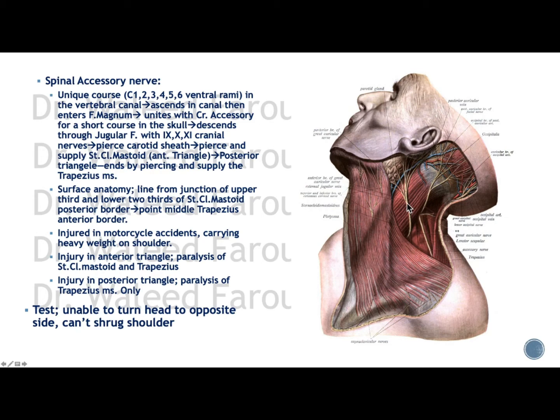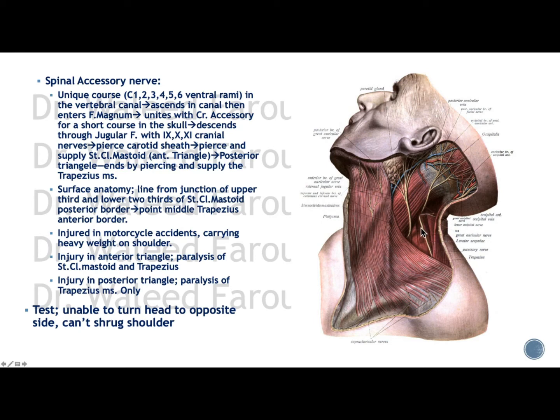When you ask him, for example, if we are talking about the left sternomastoid, he won't be able to turn his head to the right against resistance, and he won't be able to shrug his shoulder against resistance because the trapezius is paralyzed as well. See that? So injury in the anterior triangle, and you will encounter this in USMLE and MRCS questions, results in paralysis of both muscles, the sternomastoid and trapezius.